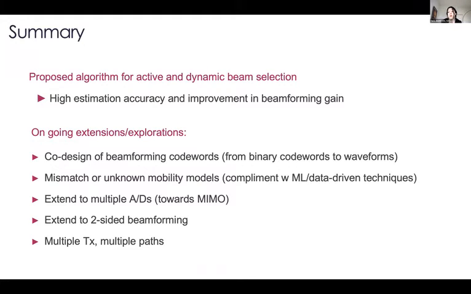I would like to argue that the right way is to separate learning the mobility model, which is a really good problem for data-driven techniques, because the mobility models can be really improved, while the physics-based and information theoretic way of thinking about beamforming is really the right way to capture the physics of this. This is some work we're doing, trying to use ML techniques to learn the mobility and then feed that mobility into the model.